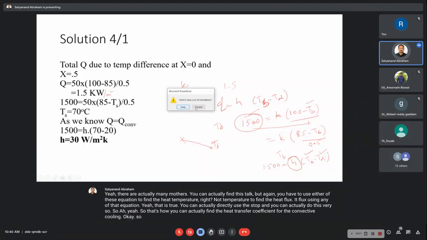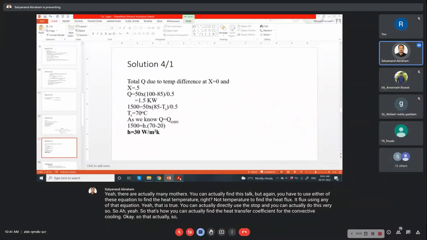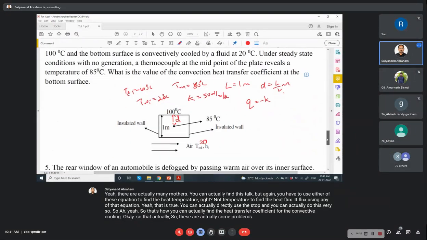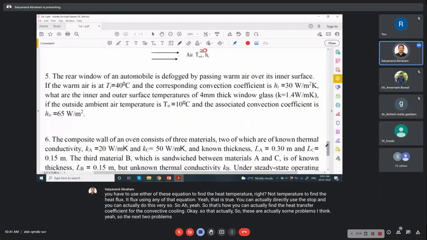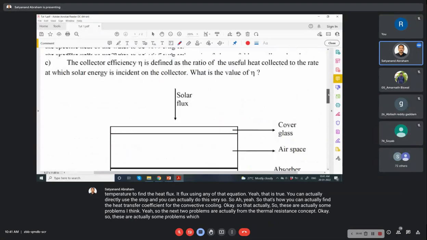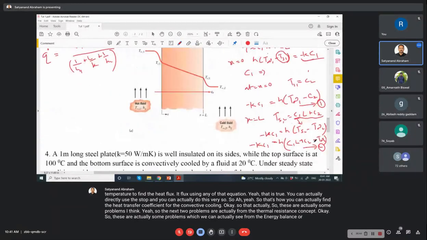So these are some problems. The next two problems are from the thermal resistance concept. These are problems which we can see from the energy balance or 1D conduction.